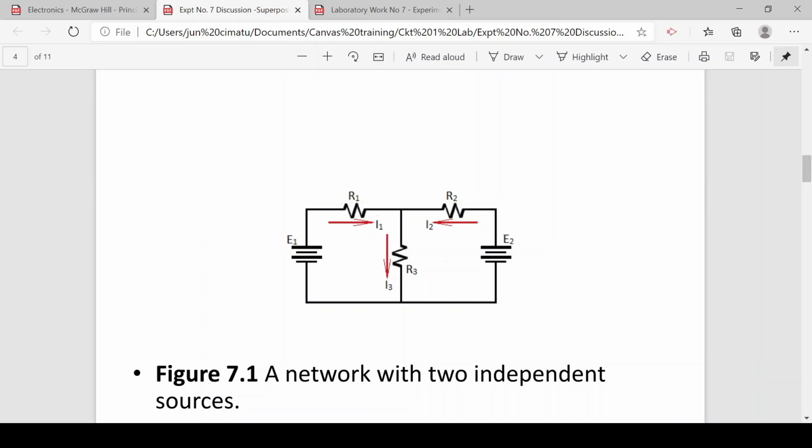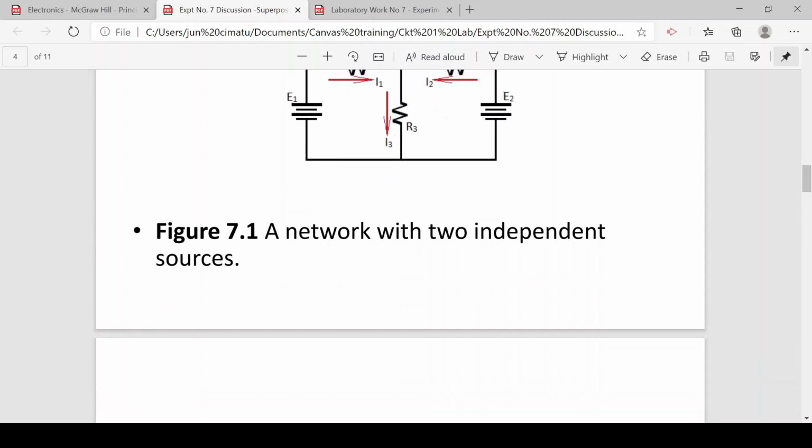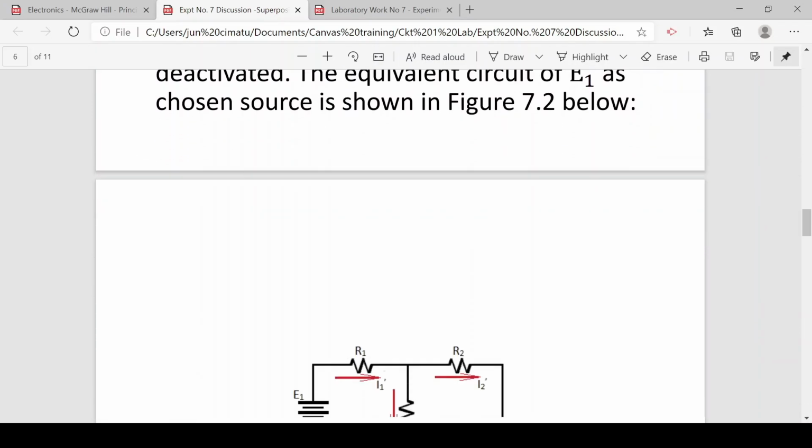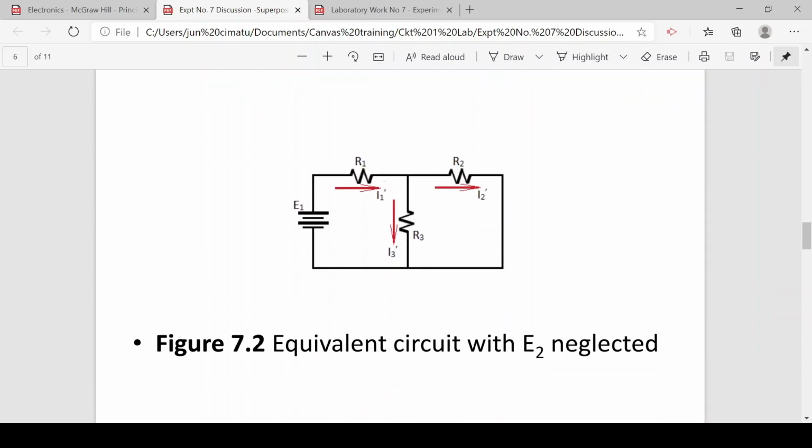These component currents can be determined by allowing a single source, say source E1, to supply the necessary current for the circuit without the other sources in the circuit.